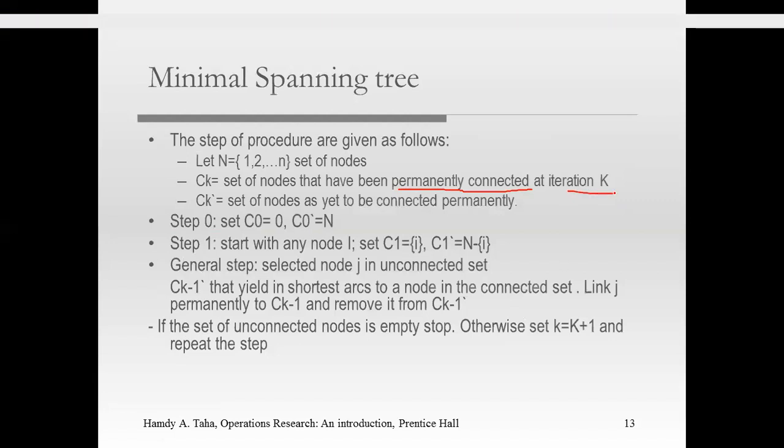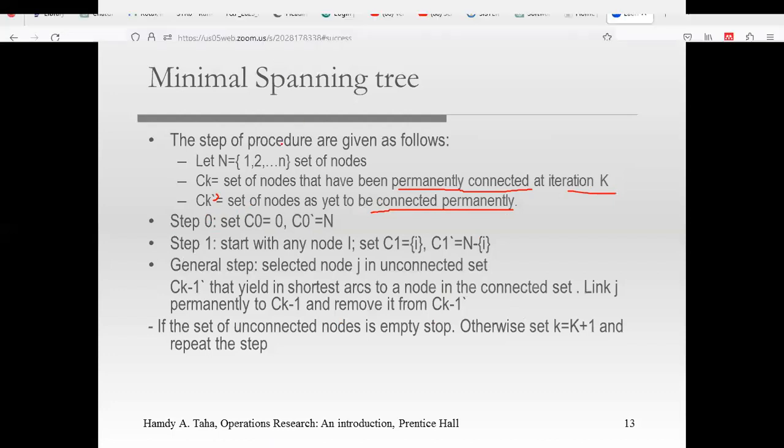So C_k refers to the permanent. I highlight that permanent. While C_k prime, you can see the symbol here, refers to the nodes not yet connected permanently. Okay, so very simple.